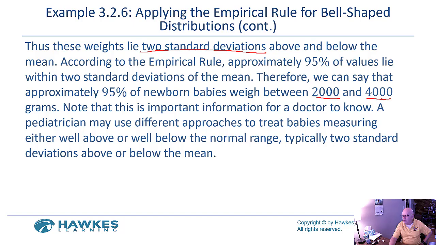This is important information for a doctor to know because they have to use different approaches for babies measuring really low or really high in the range of birth weights.